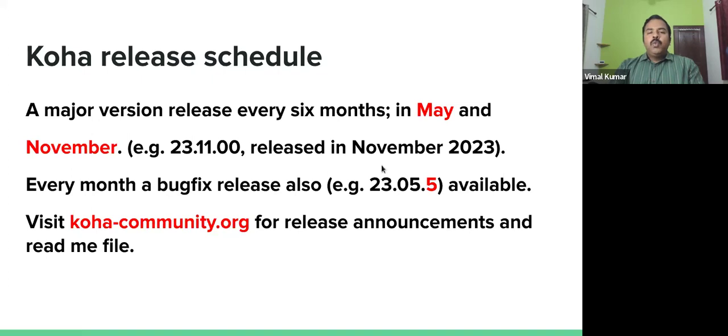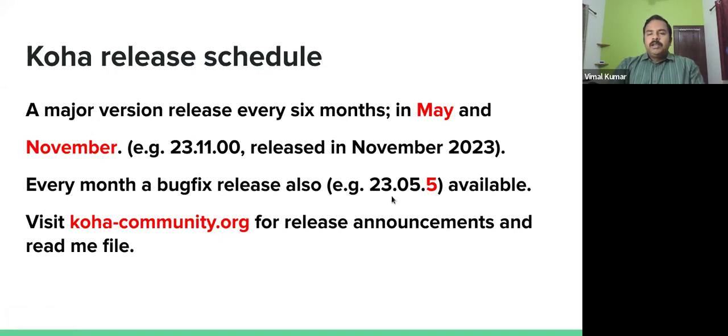And in addition to the major version, every month they release a bug fix release. Bug fix means when a new release of software arrives, it may contain a lot of errors. When users start to use it, it is noticed by the developers. They will solve that error and release a new version. That is a bug fix and a monthly update.